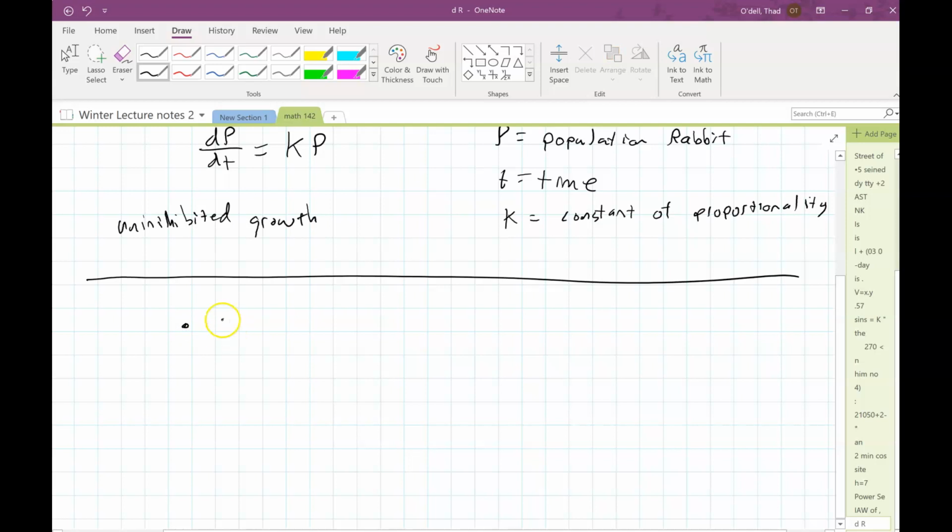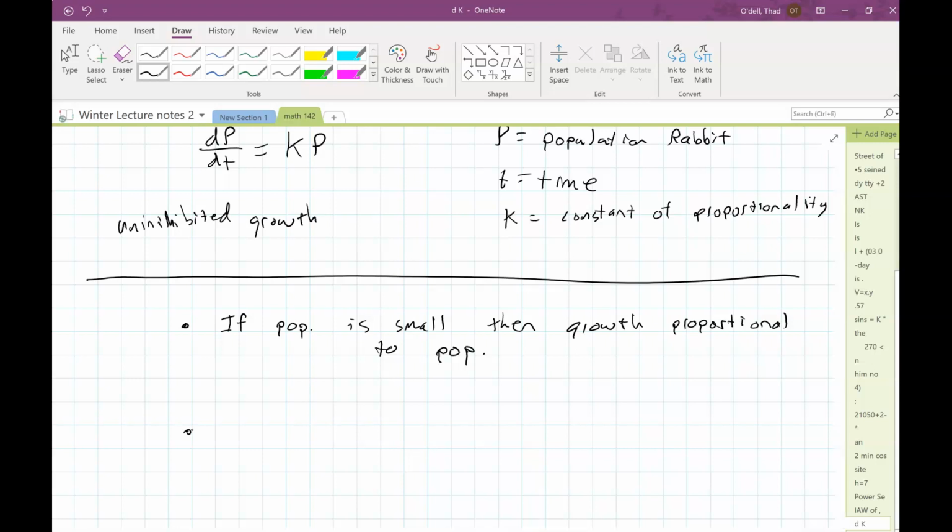We would say, if the rabbit population is small, then same as our original assumption, growth is proportional to population. As long as it's small, it's just going to grow proportionally to the population. The bigger the population, the faster the growth rate.